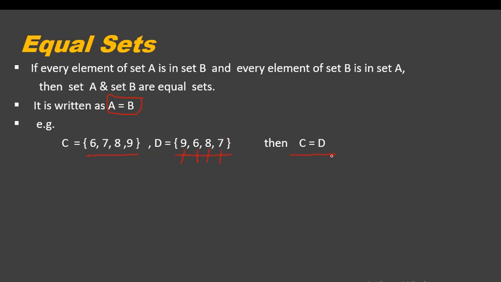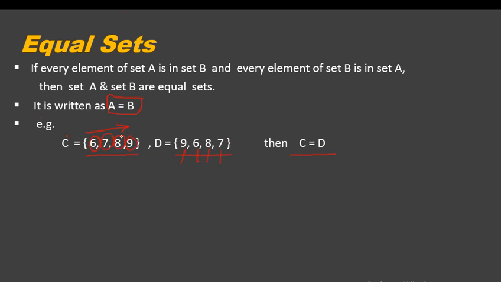And we already studied that when we write elements in a set, their order is not important. Here in set C, the first element is 6, then 7, then 8 and then 9. This is the order of these elements.